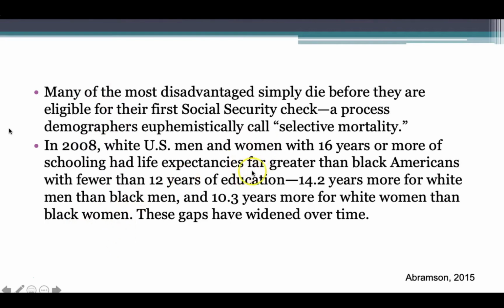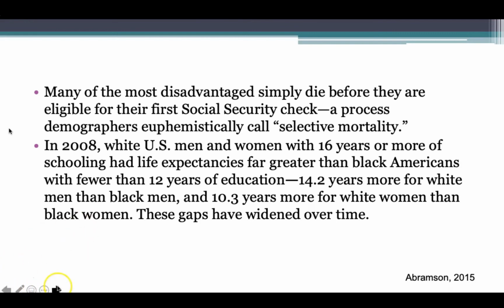Specifically, he talks about Black Americans with fewer than 12 years of education living 14.2 years less than white men with more education. And there's a big gap as well for highly educated white women and less educated black women.